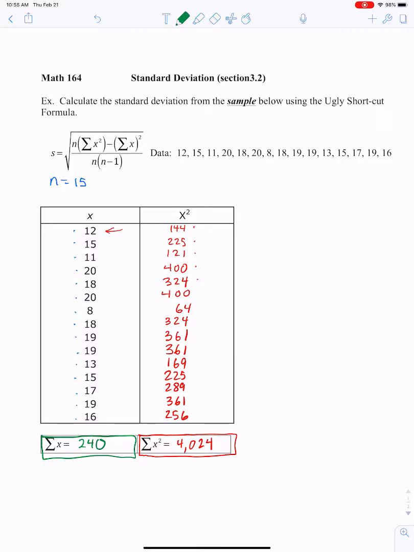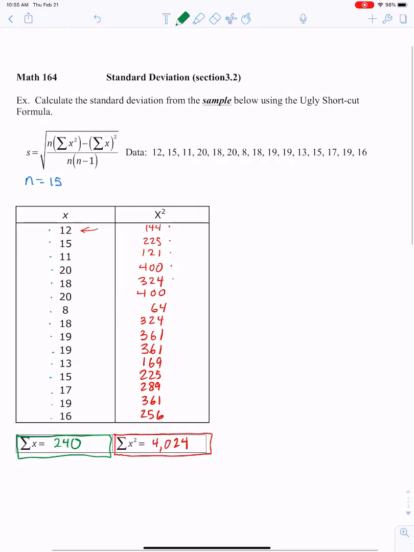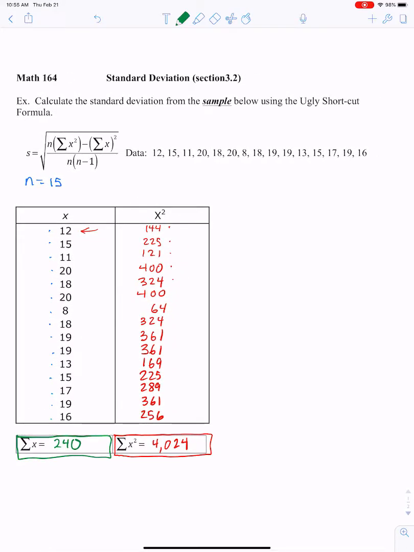So then to use the formula to put this all together, move this over slightly, then I'm going to need s, which is equal to the square root of, leave some space here.